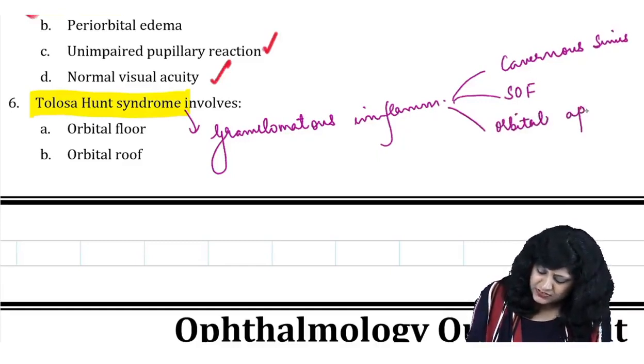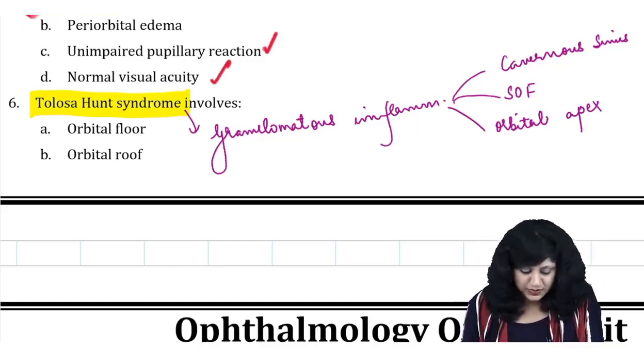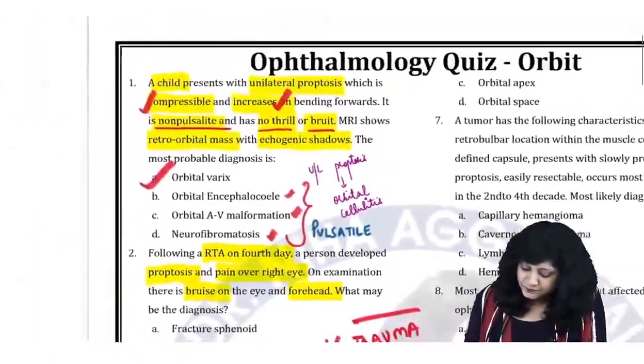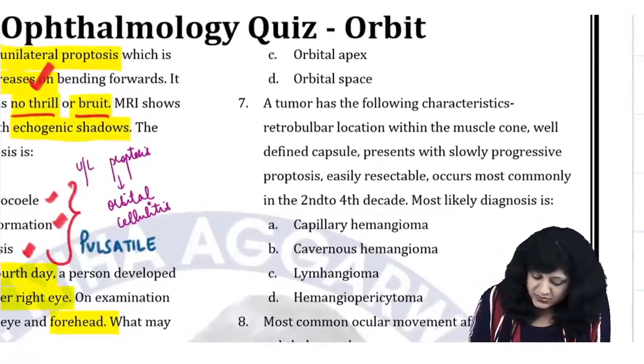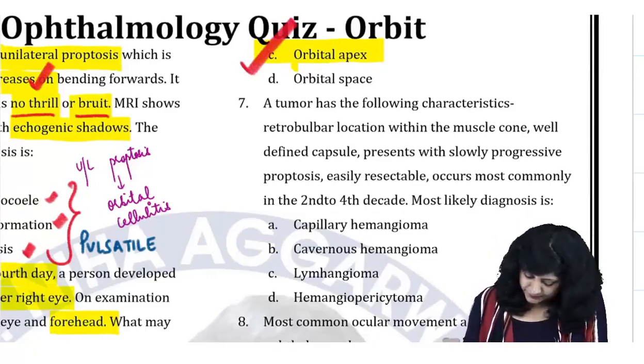So in other words, it can be a kind of orbital apex syndrome also. So your options are orbital floor, orbital roof, then we have the orbital apex or the orbital space. So this is very direct, it is the orbital apex where Tolosa-Hunt syndrome will take place.